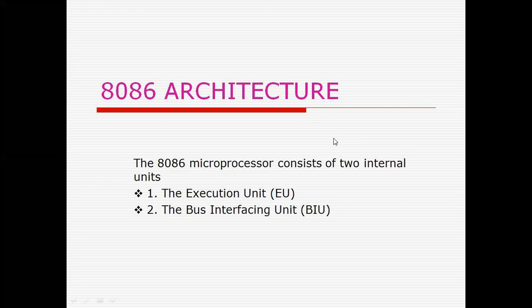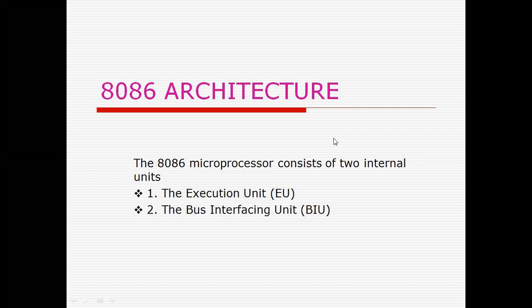Then the processor has an instruction set, because it is a programmable device. So the processor can be programmed to perform functions by selecting the necessary instructions from its instruction set.